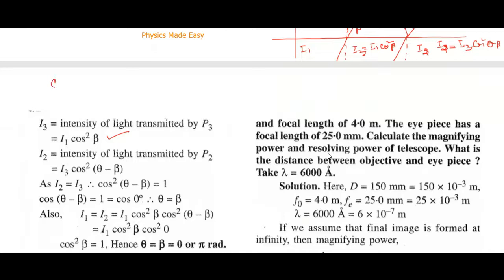We need cos square theta minus beta is equal to cos square beta. Whole of this equal to 1.